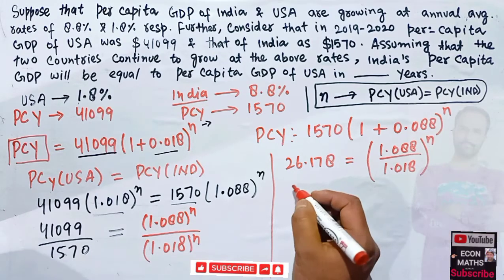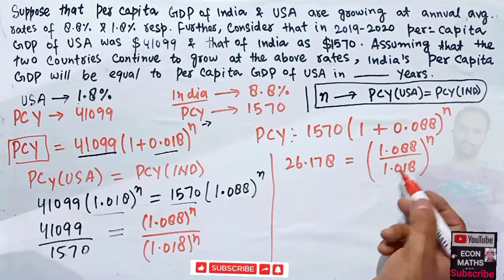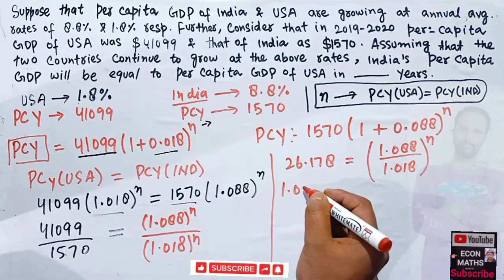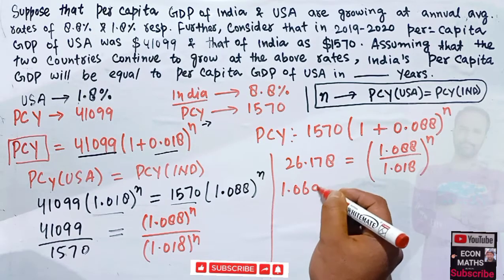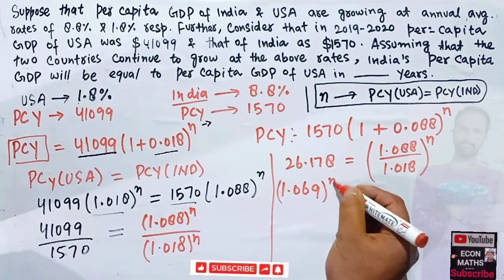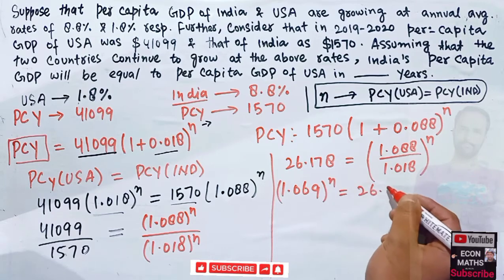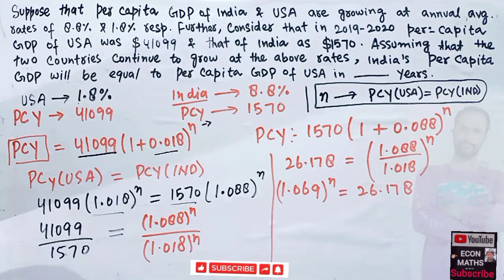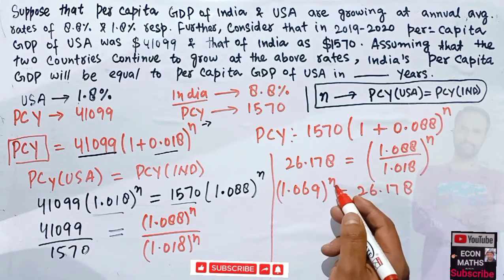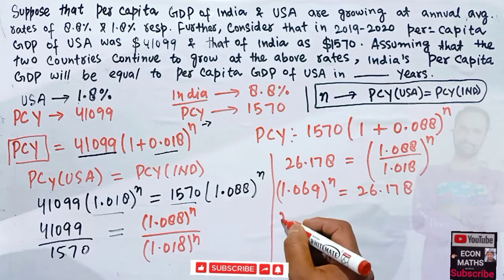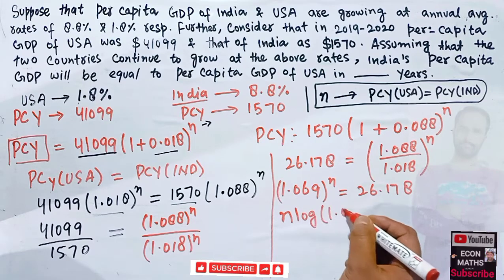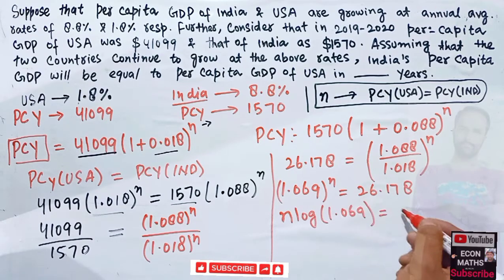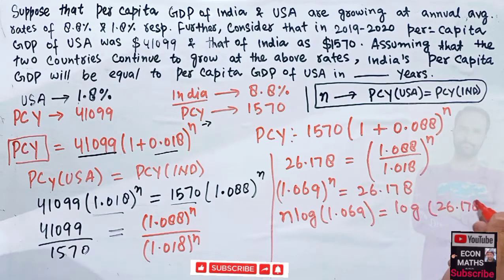If we divide this, we have 1.069 raised to the power n is equal to 26.178. Now we take a log on both sides. That means this n will become a coefficient, so we have n log 1.069 is equal to log of 26.178.